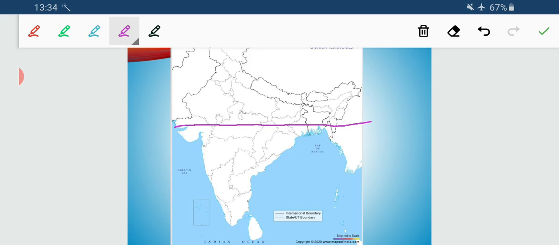This latitude divides the country into two equal halves having two different types of climatic condition. This one is the tropical zone and the northern one is the subtropical zone.